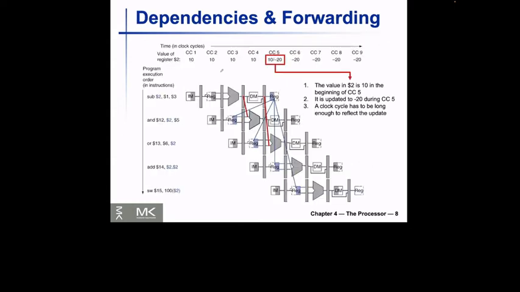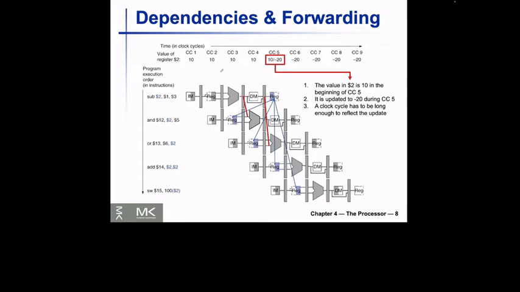If we have continuous R-type instructions, and let's say we have 2 consecutive R-type instructions, and if the destination of the first instruction is the source of the second instruction, there will be a data hazard.